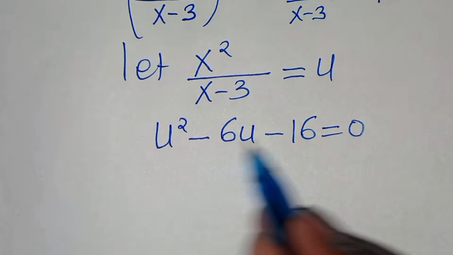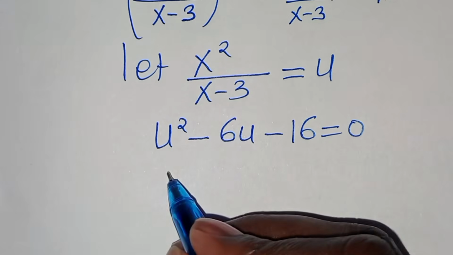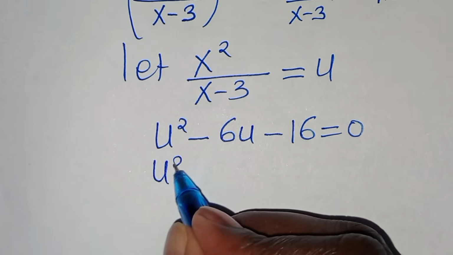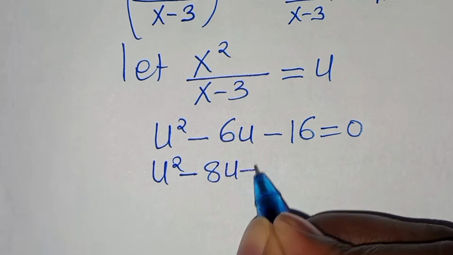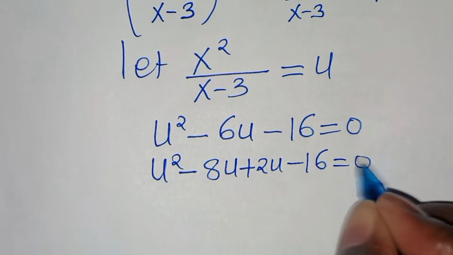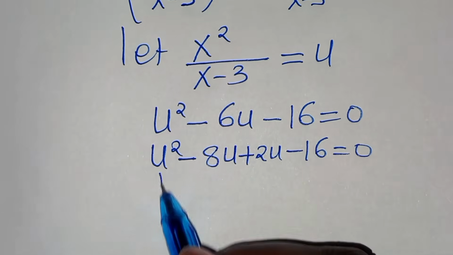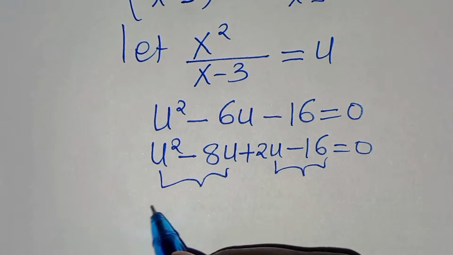So this is a quadratic equation. We can solve this quadratic equation by factorization method, where we have u squared minus 8u plus 2u subtract 16, equal to 0. So we have got two parts here. From the first part, u is common.